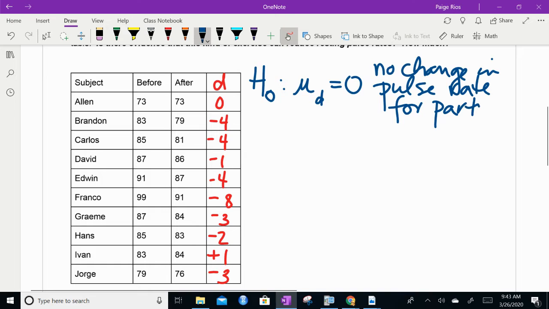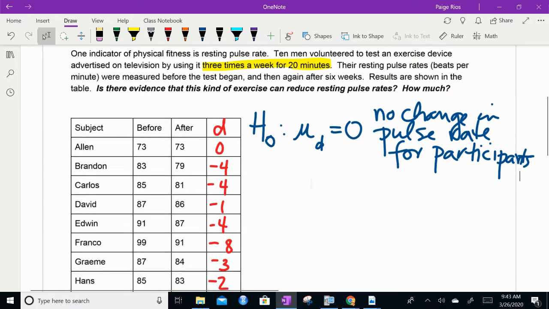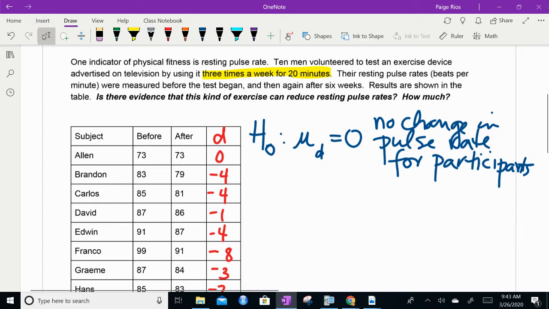Now, in order to write the next part, I need to make sure that I look at the context of the problem. So going back to the context of the problem, right here it asks, is there evidence that this kind of exercise can reduce resting pulse rates?